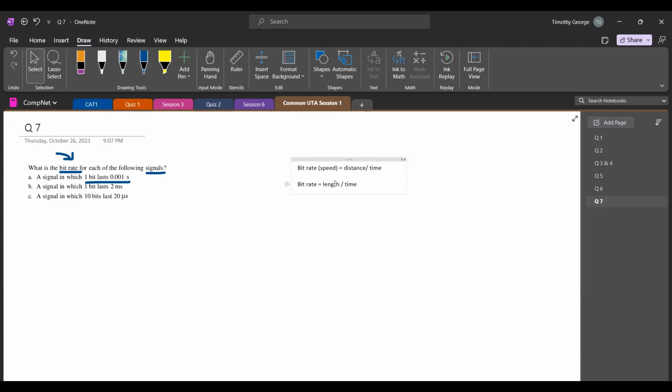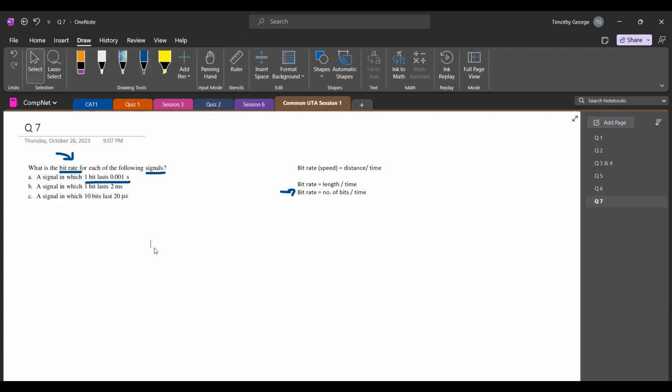Length is basically how many bits, because how many bits are you sending in how much time? So bit rate becomes number of bits divided by time. That's the only formula that you need to know. Bit rate is number of bits by time. That's all that you need to calculate.